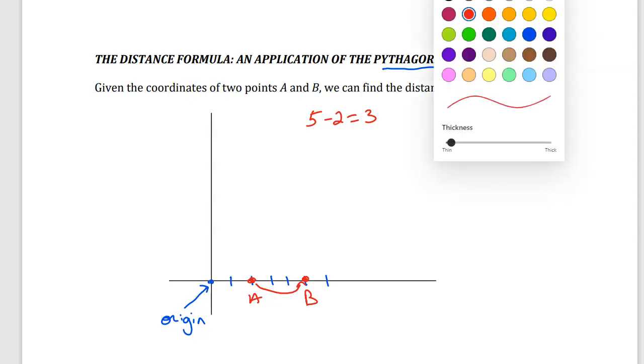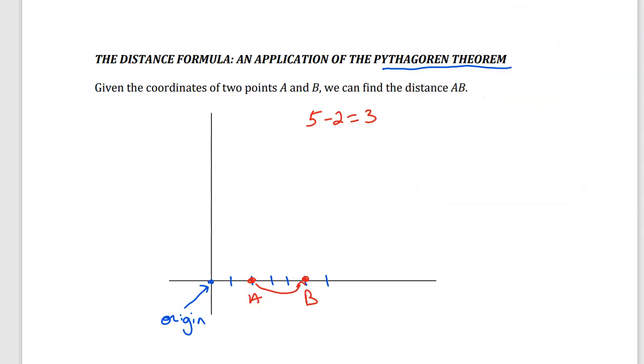Well, I know that the distance from the origin to B, minus the distance from the origin to A, which is 2, leaves us with this distance right here of 3. The distance from the origin to B is 5.